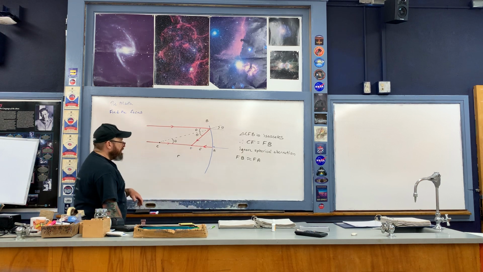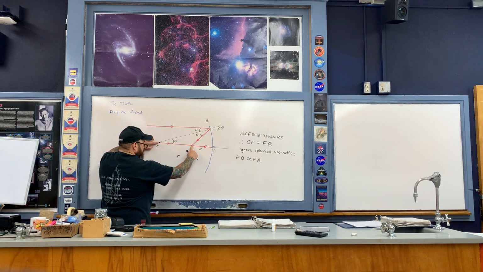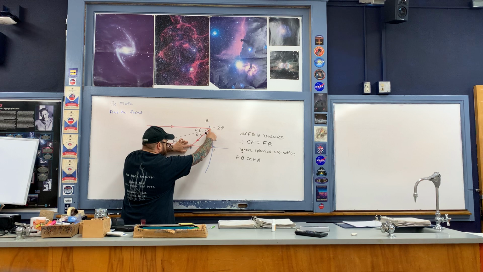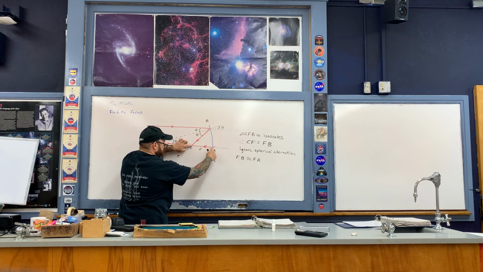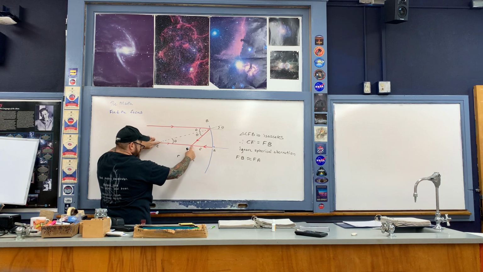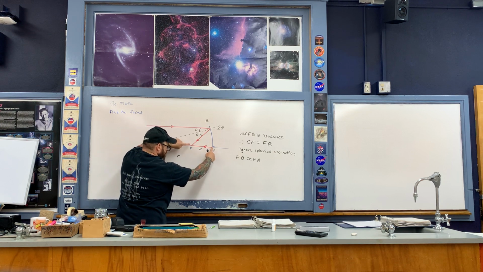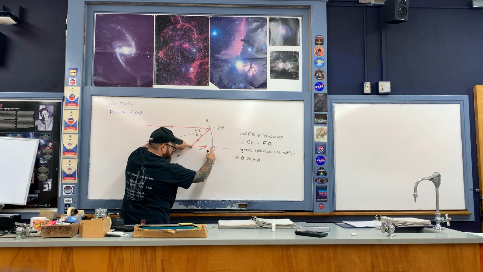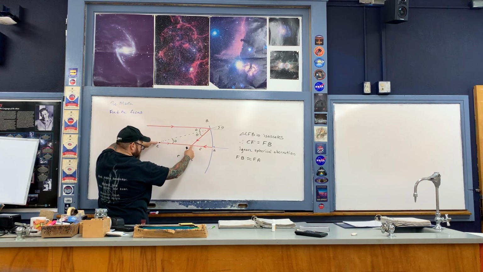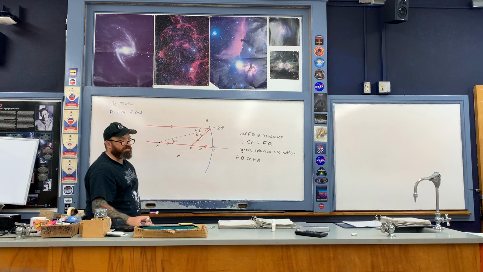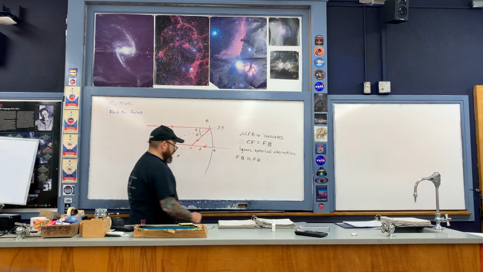Now, CF and FB are the same. FB and FA are the same. Therefore, FA and CF are the same. So if this is the radius of curvature, and this is the focal length, well, the focal length is the same thing as this. This then means that the radius of curvature, very simply, is twice the focal length.